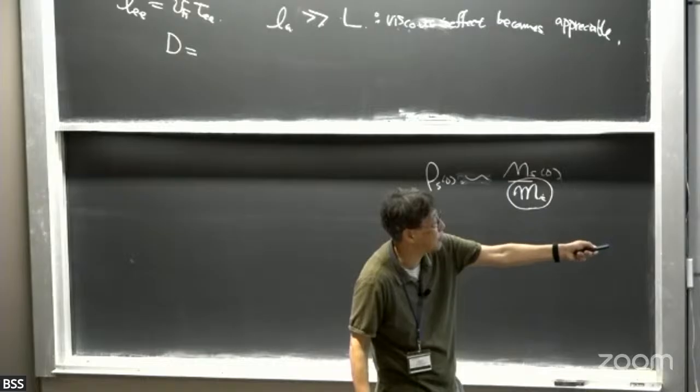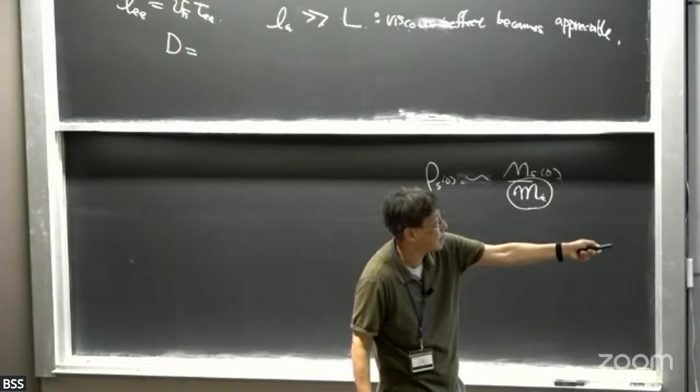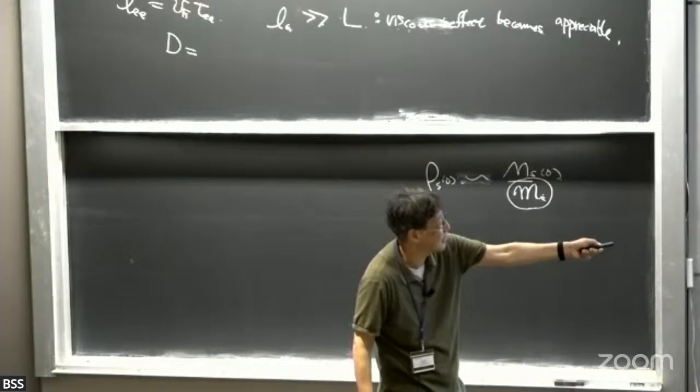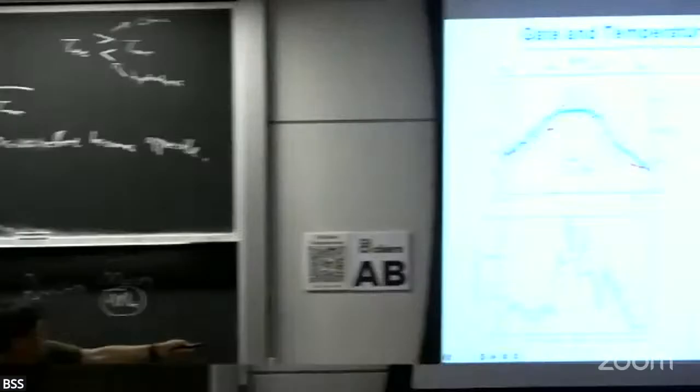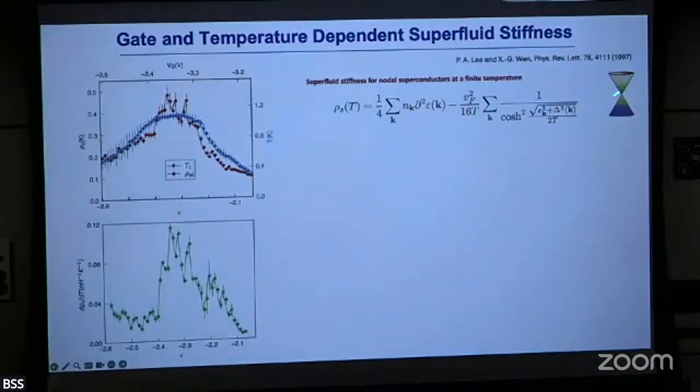What if you now go to finite temperature? Finite temperature means that this quasi-particle dispersion relation starts to be thermally excited, with two kinds of carriers, electron-like and hole-like quasi-particle carriers. You can easily write down those excitations, just knowing the nodal gap structure.